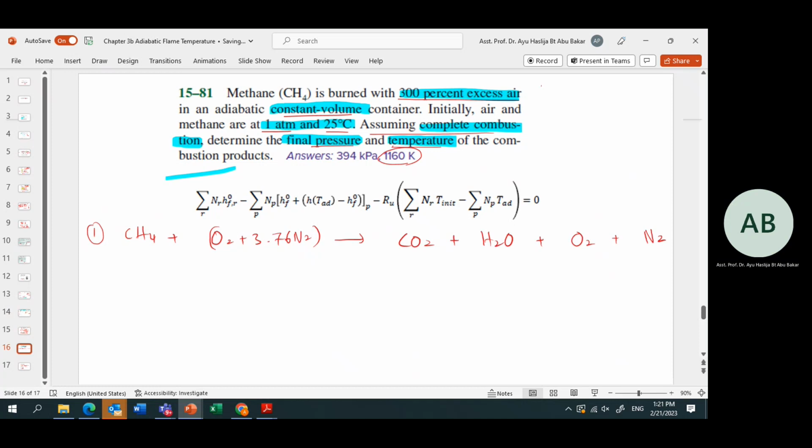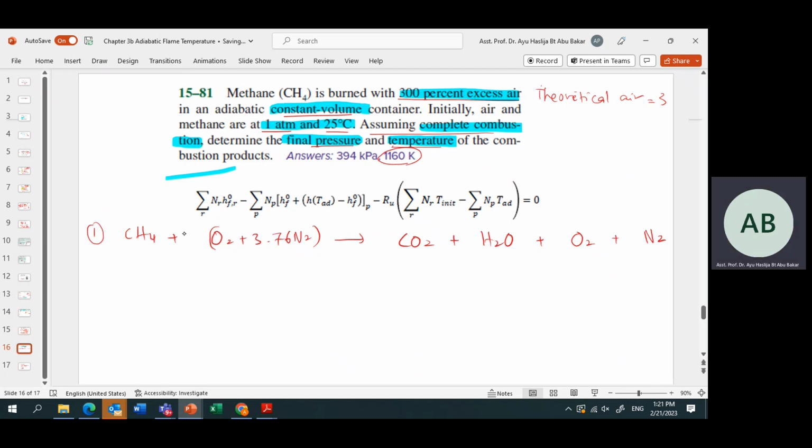So 300% excess air is 3. So theoretical air equals 3.